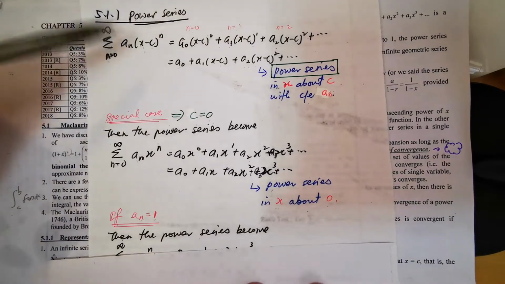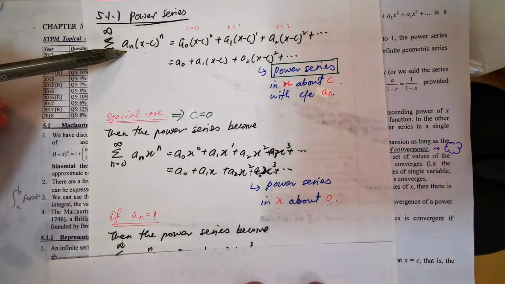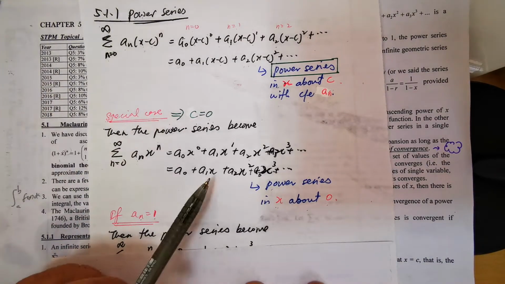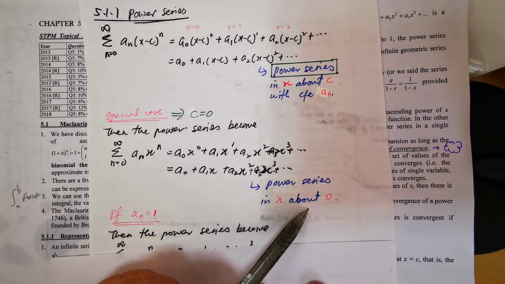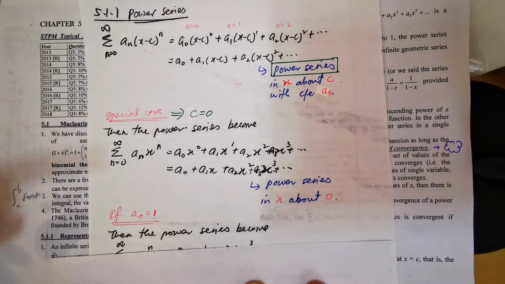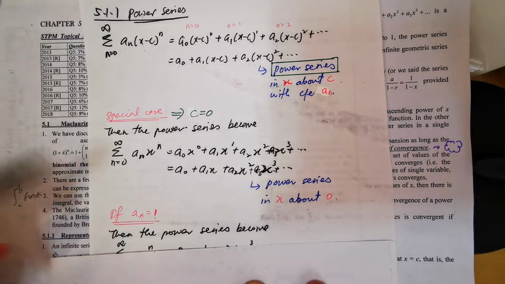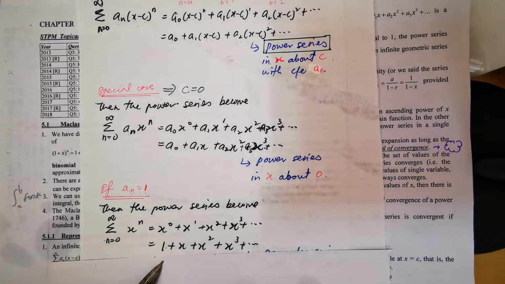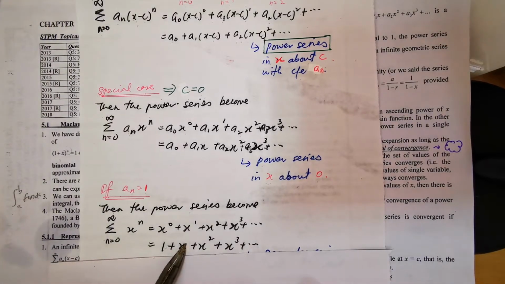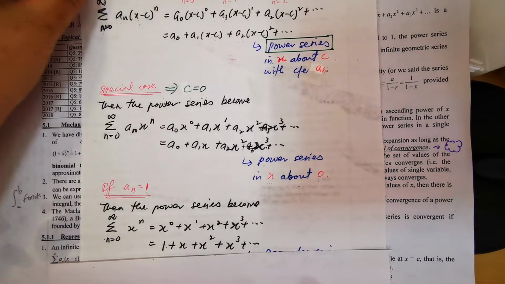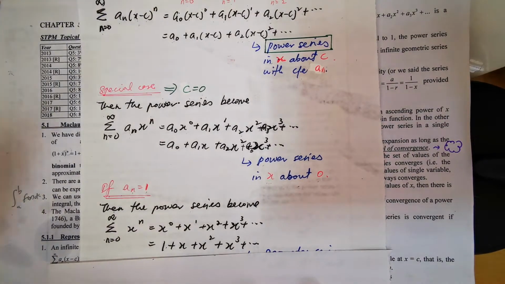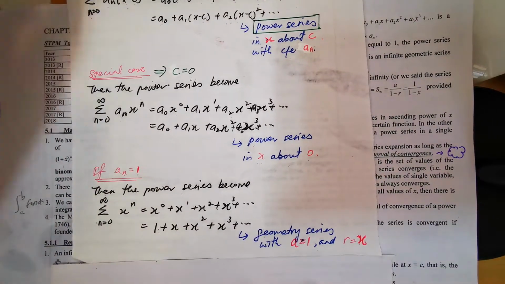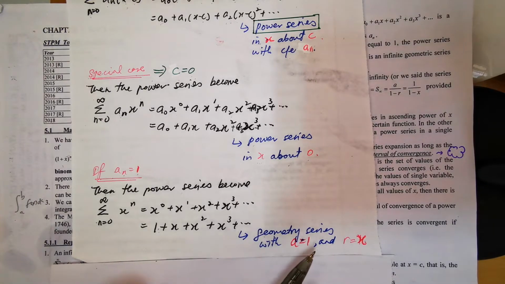So this is in general the power series in x about c. Then a special case of power series where c equals 0. So this is a power series in x about 0. And additionally, if the coefficient of each term is 1, then the power series becomes like this. All right, it's still a power series because you see the power of x is increasing. And you find that actually it is a geometric series, right?